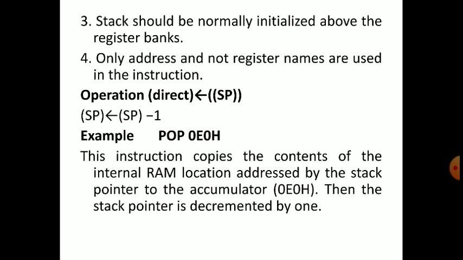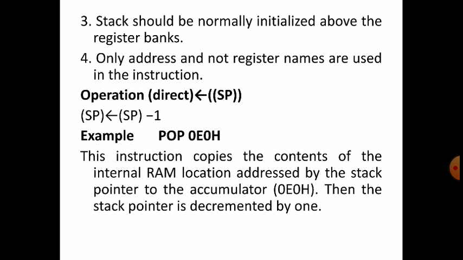Only address and not register names are used in this instruction. So only the direct address, that instruction itself, push direct and pop direct, not push A, push B, that means push R not R7. We don't have this type of instruction, and that will result in an illegal instruction. So we need to write push address and pop address.